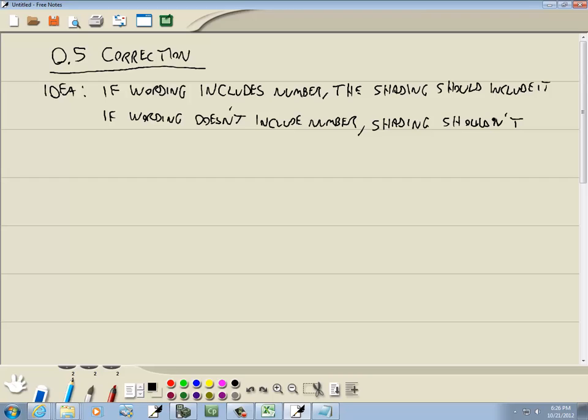If the wording doesn't include a number, the shading shouldn't. What in the world does that mean? Well, let's look at some examples.